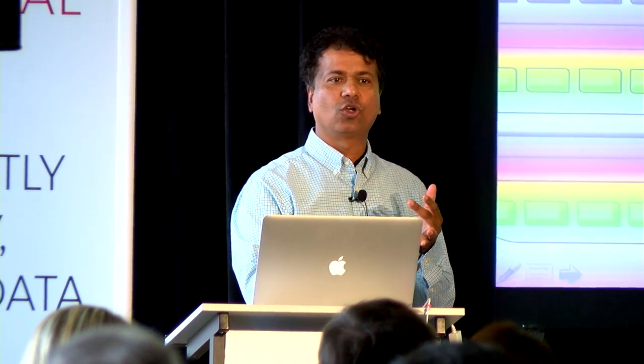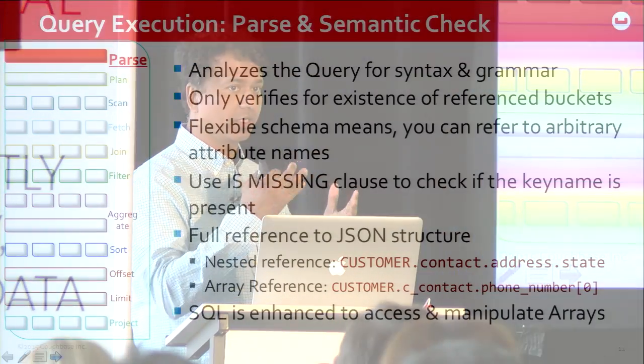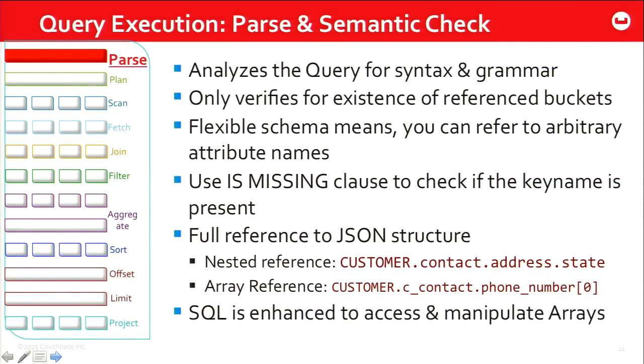So those are the two important attributes of a flexible data model. You have flexibility, but with that you get the responsibility of ensuring you have the right reference to the column names or the attribute names. Because the data model is flexible, you can have one document containing a zip code, and another document that does not contain a zip code; it has a postal code or something else.